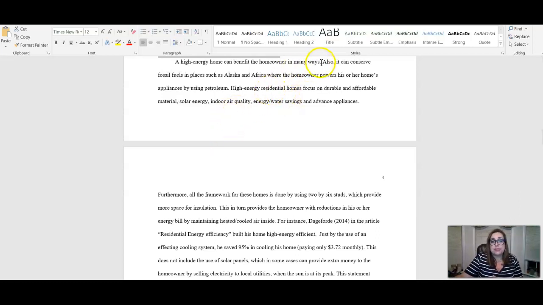One of the things that some students do not do, and this is a requirement of all good writing, is that every single paragraph you write must have a topic sentence. You, as the writer, must host the reader, and you have to show the reader what is going to come in that paragraph. You cannot start out with a quote.